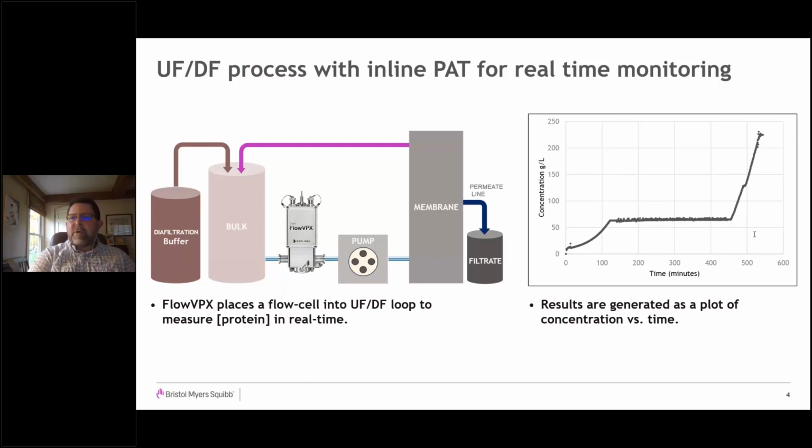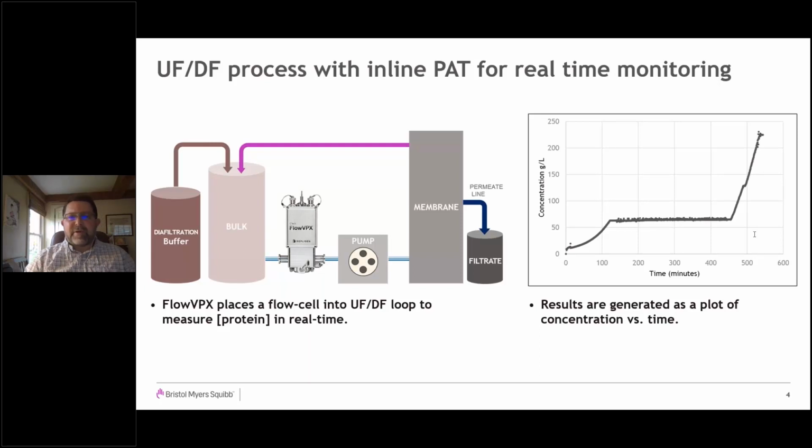So you have a bulk, which would be your protein material. At the beginning for a monoclonal antibody, as you can see on the concentration plot on the right, it's about 10 grams per liter. So the first order of business is that it's concentrated up to about 60 to 80 grams per liter.